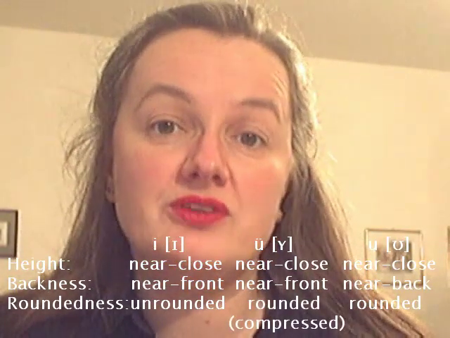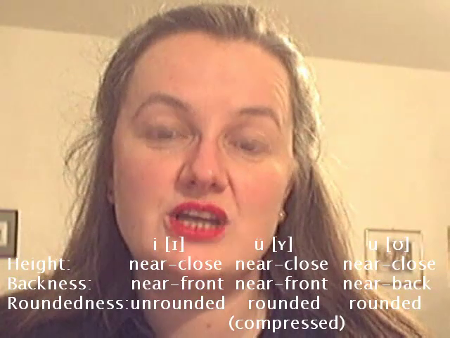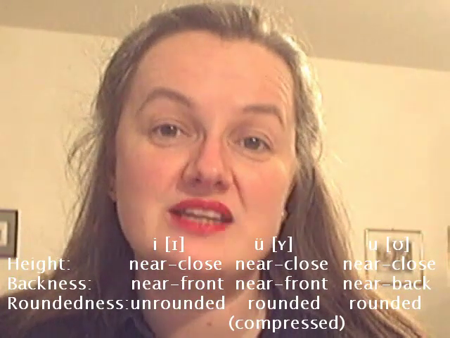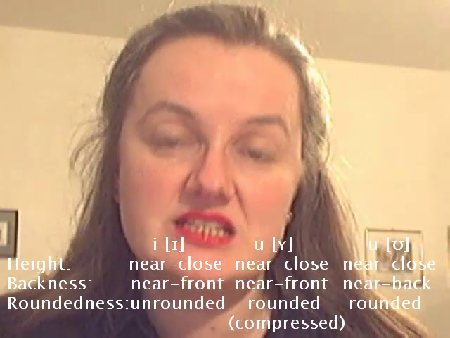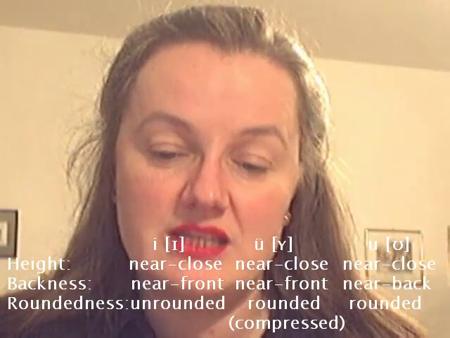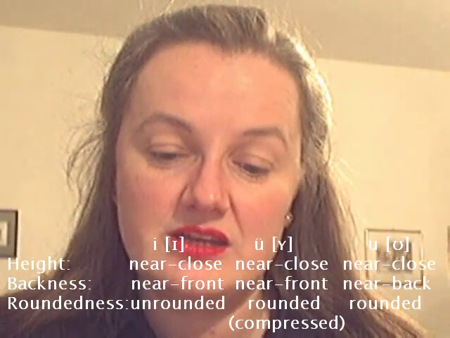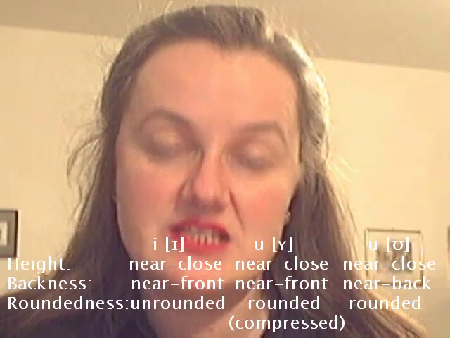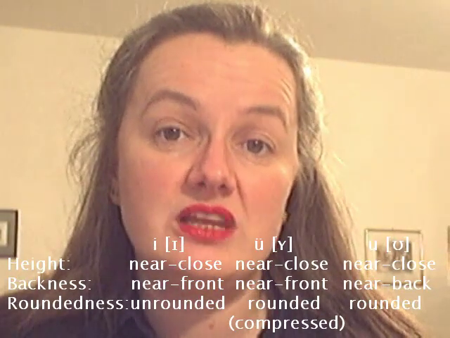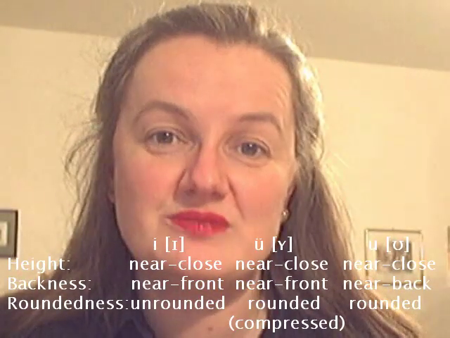We have a roundedness, but it's not protruded, it's compressed, which means that the margins of the lips are tense and drawn together in such a way that the inner surfaces of the lips are not exposed.